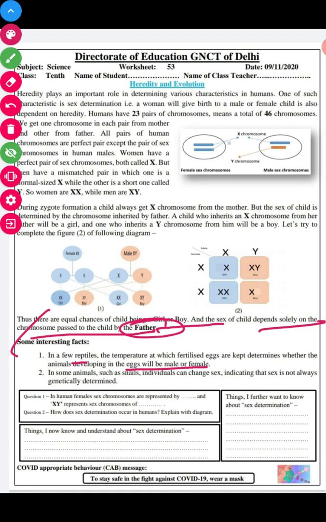If a high temperature is required, then it is a female. If less temperature is required, then it is a male. In some animals such as snails, an individual can change sex, indicating that sex is not always genetically determined. Okay, this is an exception, bache.